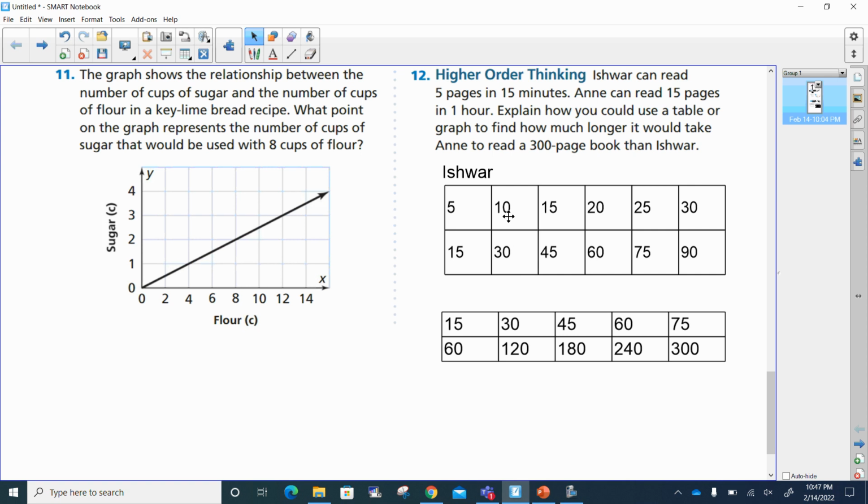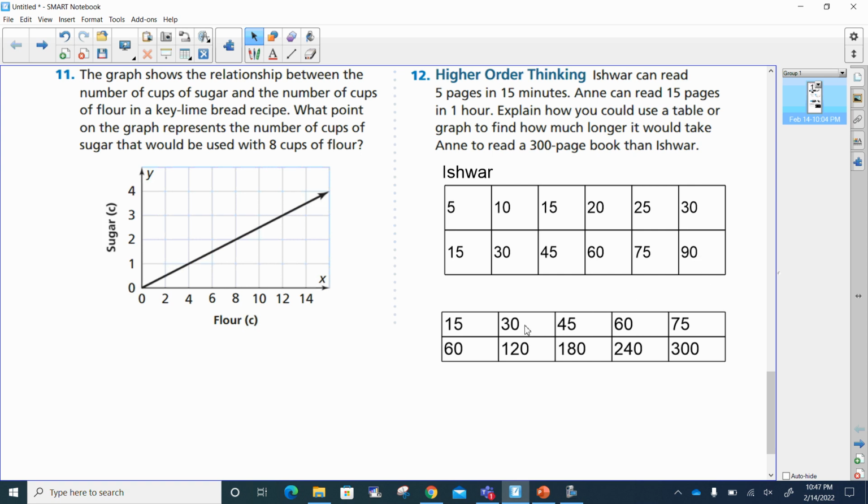Making it even easier. In 10 pages, Ishan could read for 30 minutes, and that would mean 30 pages would take 90.